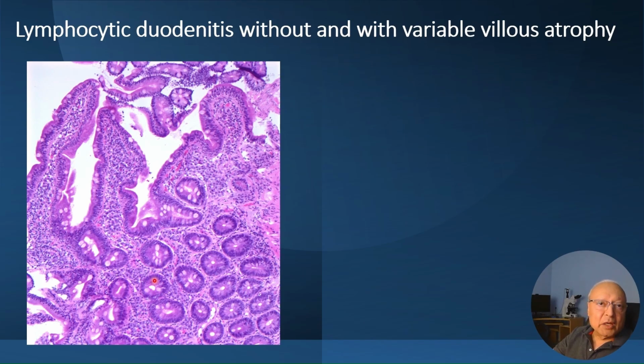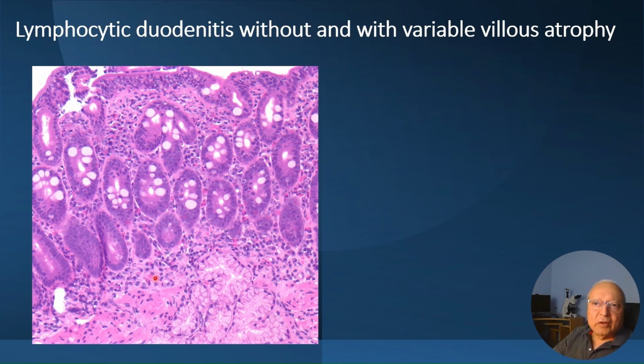And finally, you have almost a flat surface, and this is severely shortened or severely atrophic villi, again with increase in intraepithelial lymphocytes, increase in cellularity in the lamina propria, and increased crypt proliferative activity. So these are all the changes of lymphocytic duodenitis with or without shortened villi.